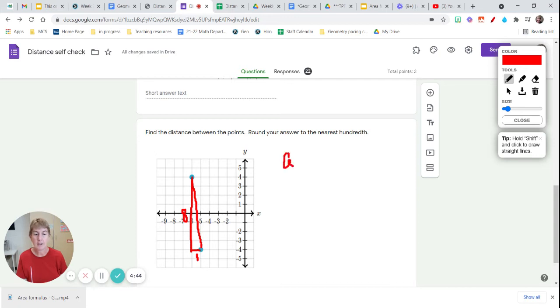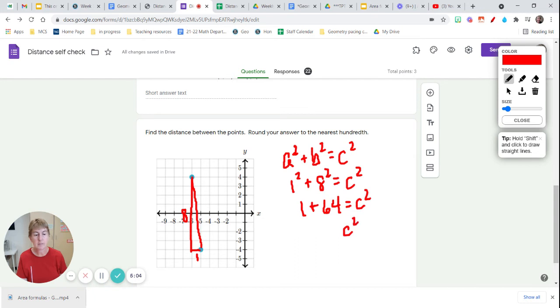And so when I do my a squared plus b squared equals c squared, I have 1 squared plus 8 squared. And so 1 plus my 64. So c squared equals 65.